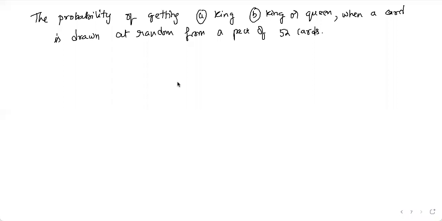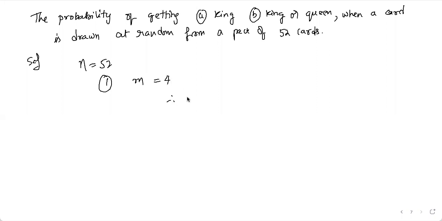Okay. So let us solve this. The number of possible exhaustive events, which is n, is 52. A pack contains 52 cards, right? N is 52. So let us consider the first one, getting a king. The number of favorable cases, which we represent as m, is 4.